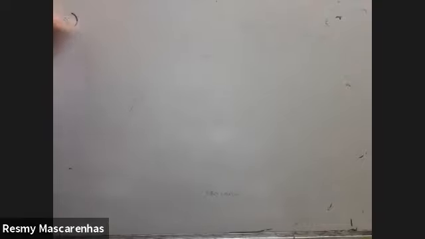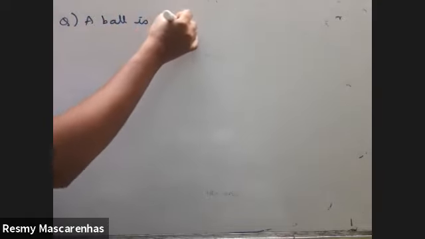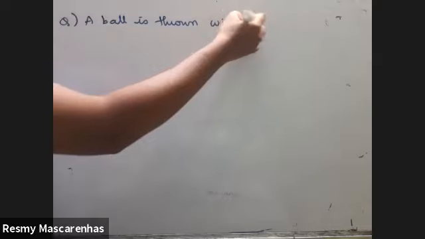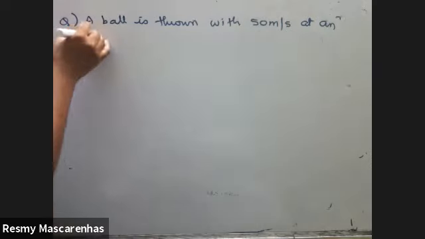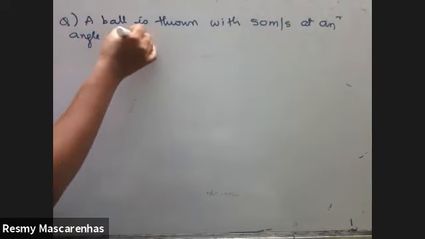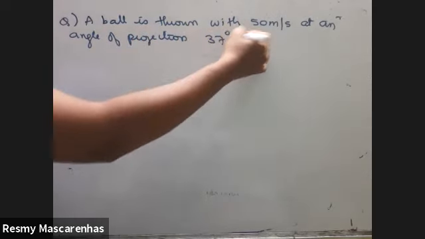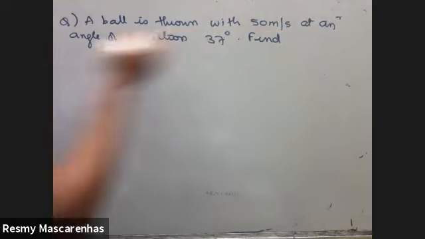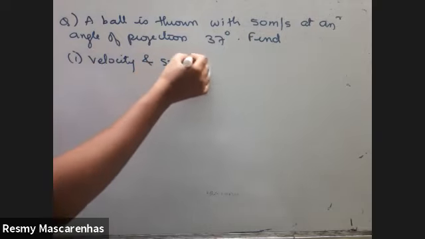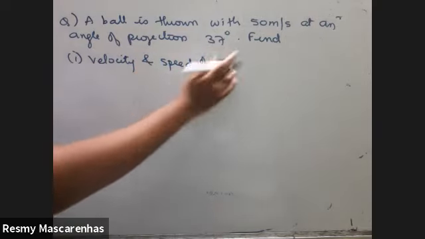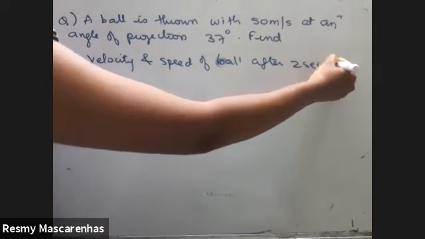The question is: a ball is thrown with 50 meters per second at an angle of projection 37 degrees. Find, first, the velocity and speed of the ball after 2 seconds of projection.